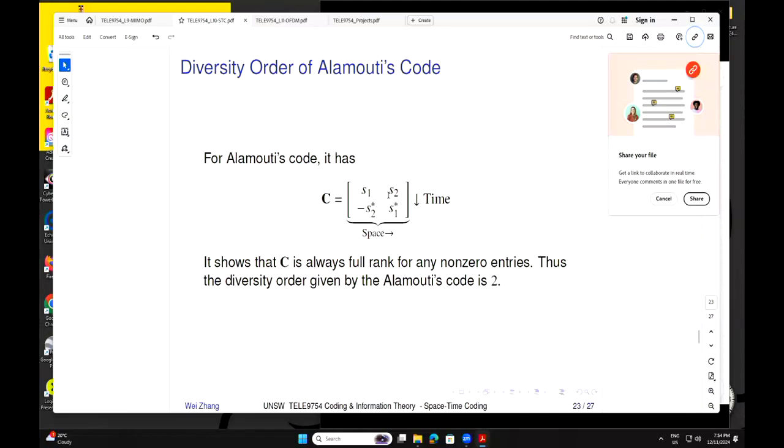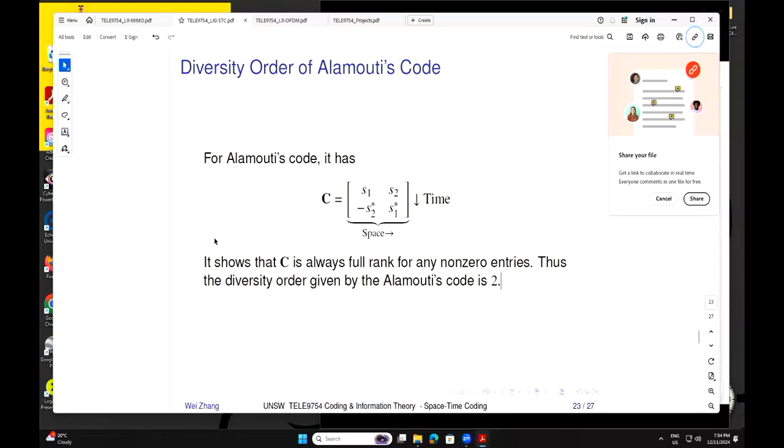You can try out all the possible cases, S1, S2, they are all full rank. Full rank means R equals 2. R equals 2 means the diversity order is 2. That is the largest possible value, because you have only 2 transmit antennas, so the order is at most 2. So you can always get 2.